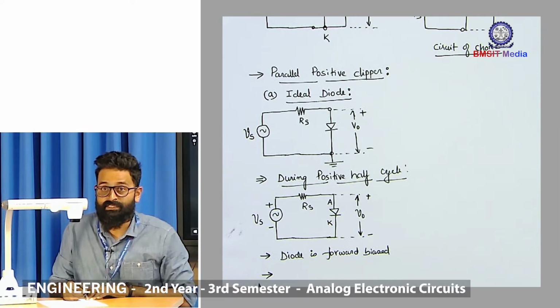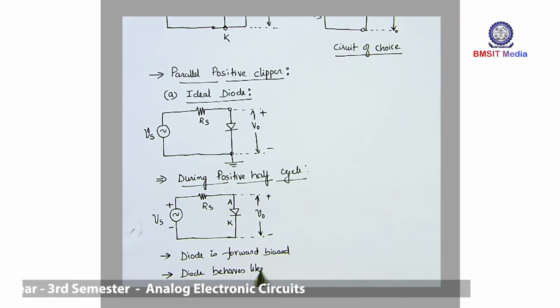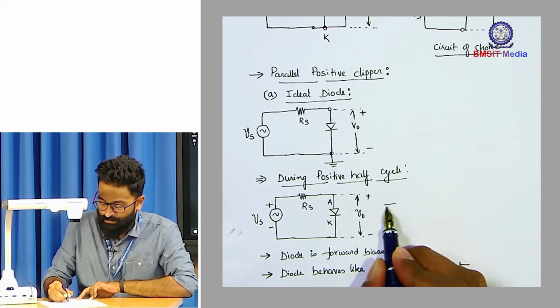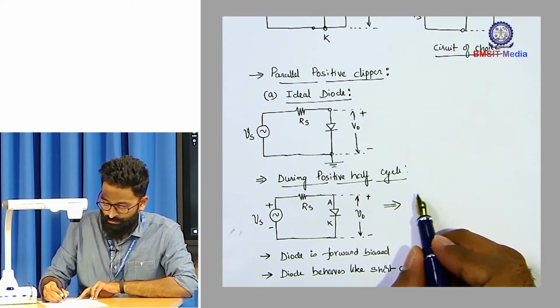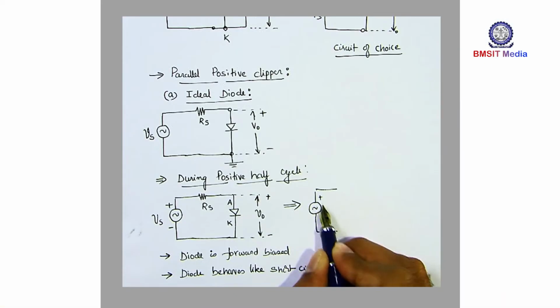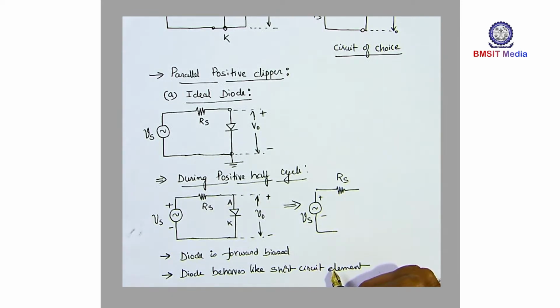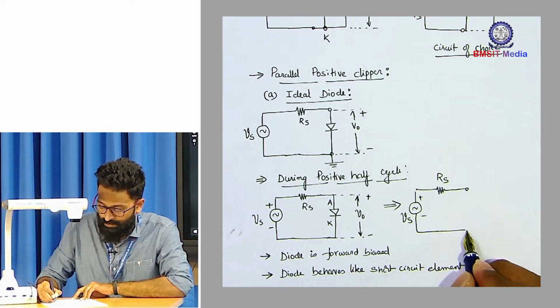Whenever the diode gets forward biased, it behaves like a short circuit element, and therefore we can redraw the circuit something like this. This is your source, the current limiting resistor RS and the diode.